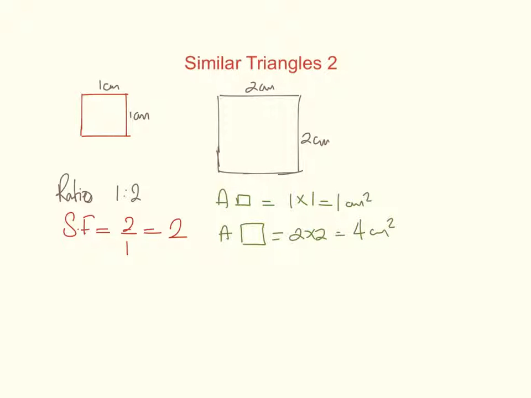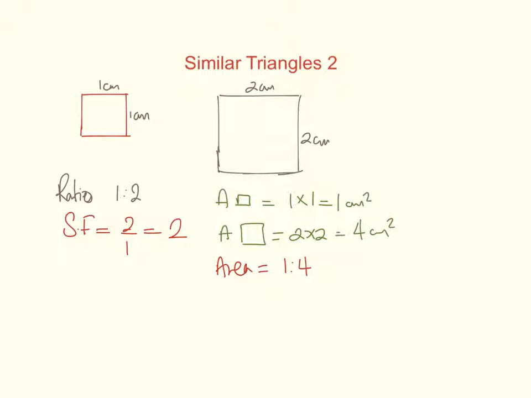Well, let's have a look at the ratio here between the two. The ratio between the bigger and smaller square, well, the area ratio is a 1:4 ratio, because the area of the small square is 1, the area of the big square is 4.